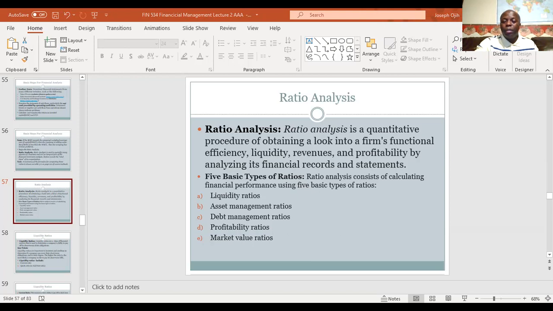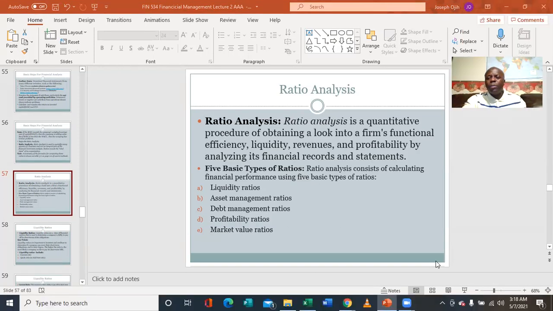Now, in plain terms, it means that you get information about whether it is a good company to invest in or not by analyzing their financial statements, by doing ratio analysis.